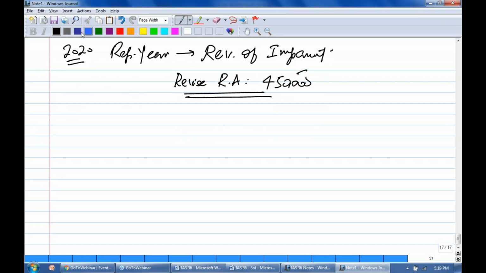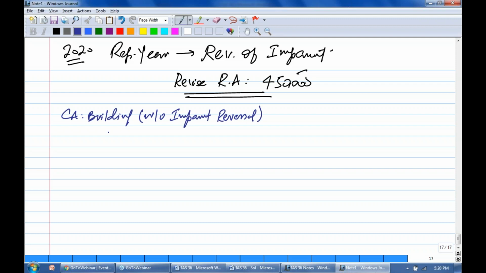Two important points are relevant here for the working of reversal of impairment. First of all, we have to work out the carrying amount of the building without impairment reversal.